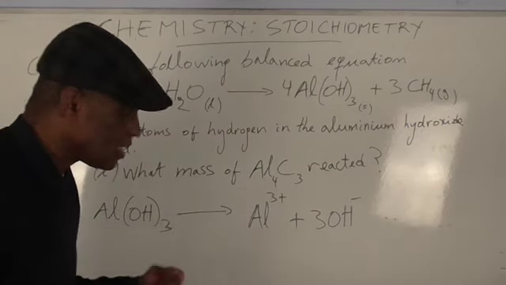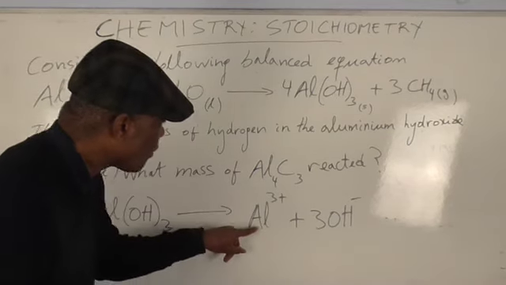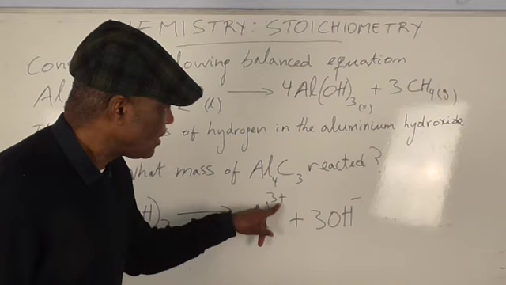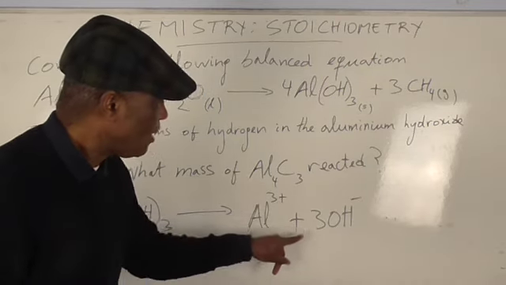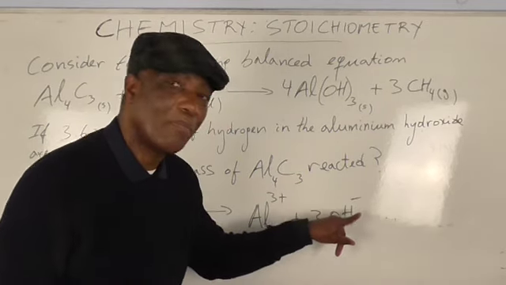When it is dissociated, we are going to have 1 mole of aluminium ion, Al 3 plus, and 3 moles of OH minus.